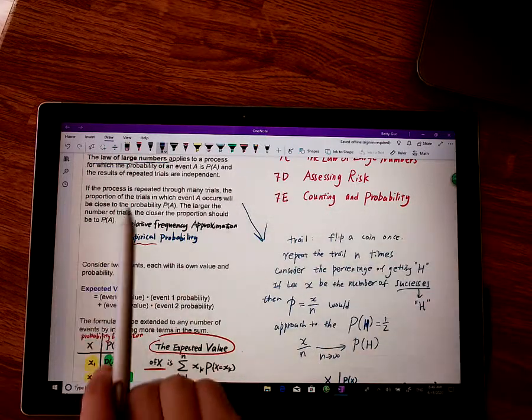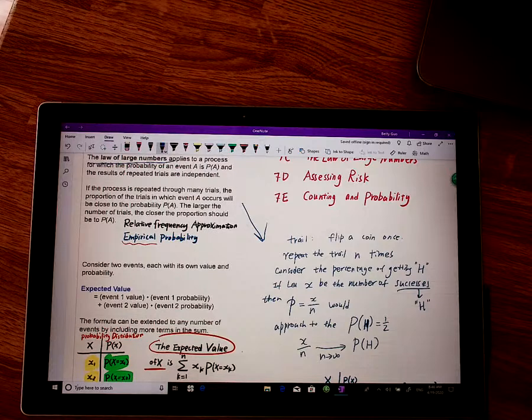As it says here, if the process is repeated through many trials, the proportion of the trials in which event A occurs, in our example A would be getting a head, will be close to the probability of A. The larger the number of trials, meaning the larger n is, the closer the proportion should be to P of A. That is how we understand the law of large numbers.